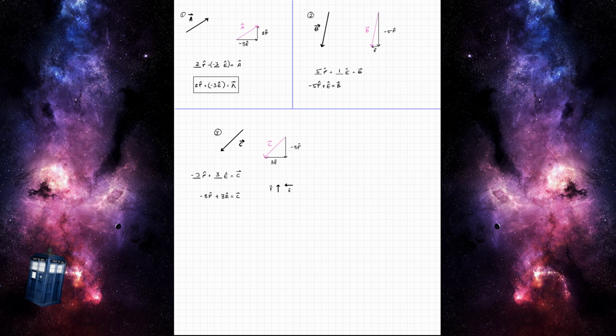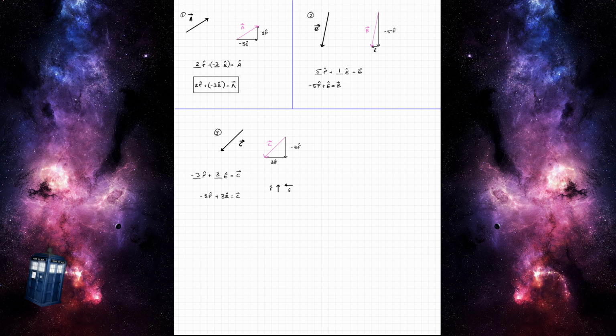All right, and then again, for 3, in order to get our C vector, I measured it out. It's going to be a 3 by 3, so we have our 3 unit vector E going across as normal, and then we had to flip the direction of our unit vector F, so it becomes a negative 3 unit vector F, and that way we get our C vector.